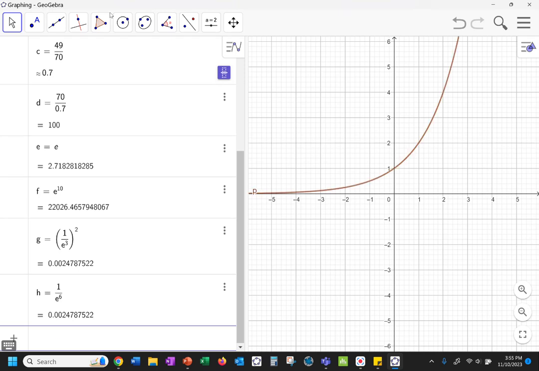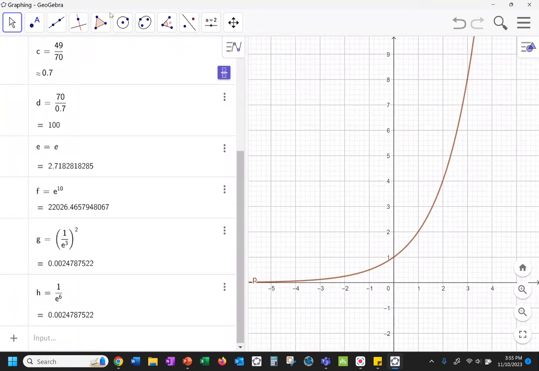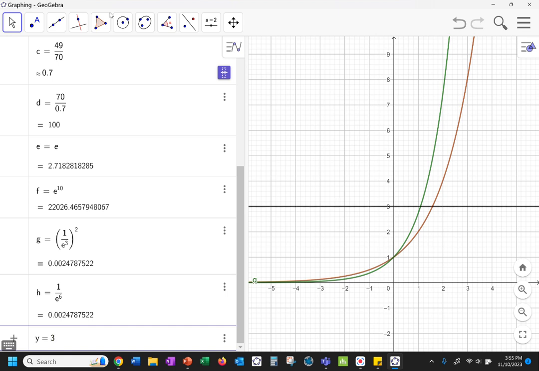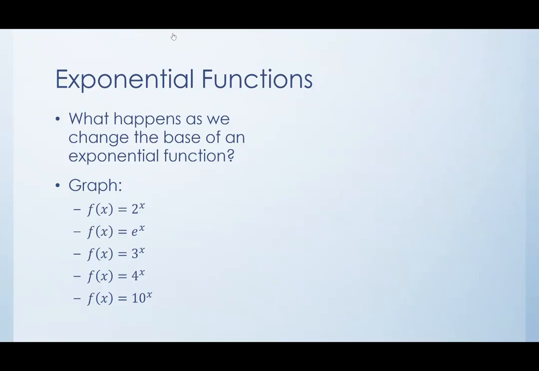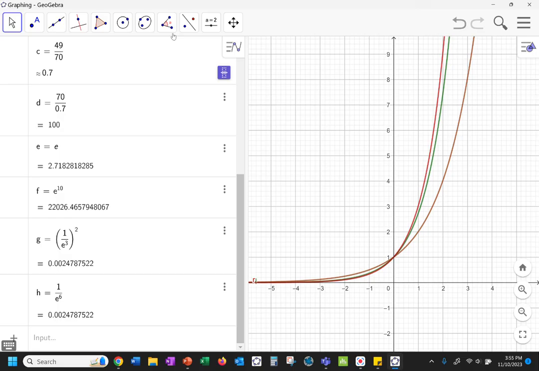I'm going to scoot this down a little bit. We've got y equals e to the x, y equals 3 to the x, y equals 4 to the x, and y equals 10 to the x.